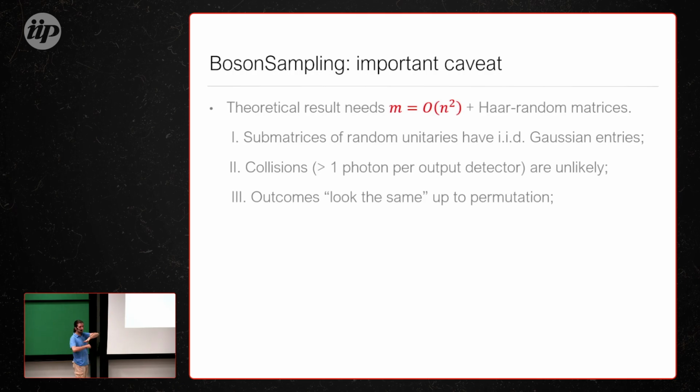Okay, that constraint of having many, many more modes than the number of photons. Now, there are mainly three reasons, and they're kind of technical, but it's not too bad. One of them is that if you take a very big unitary matrix and you look at tiny submatrices of it, they look Gaussian.